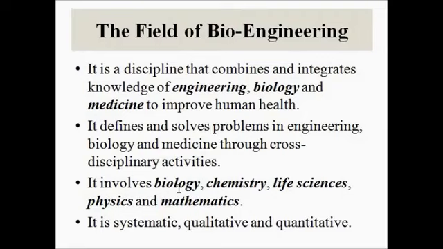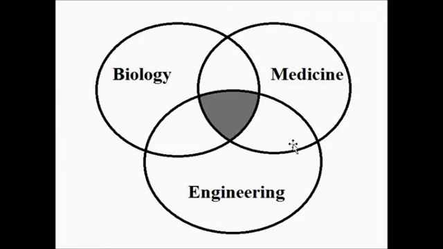It has something from biology, something from physics, something from chemistry, something from life sciences, and also some contribution of mathematics. So it is systematic, qualitative and quantitative. So as I said, bioengineering or biomedical engineering is the meeting point of three main and separate domains which come together: biology, medicine and engineering.